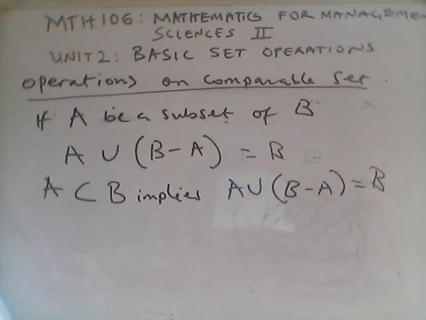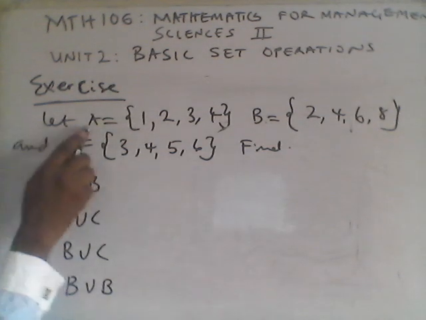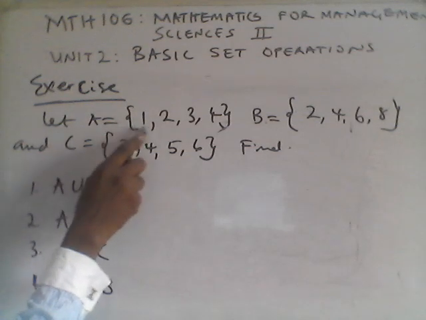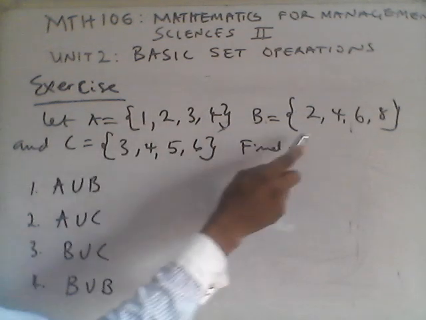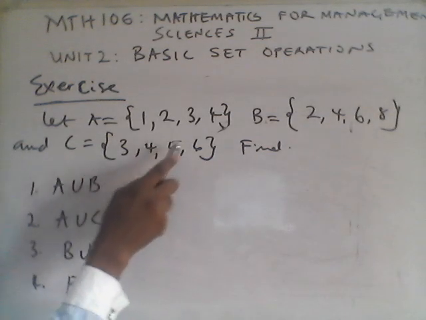Let me just put some exercise on the board so we'll look at it together and then we'll wrap up the video. Okay, so quickly we have this on the board. Let A be defined as 1, 2, 3, 4, B defined as 2, 4, 6, 8, and C defined as 3, 4, 5, 6.